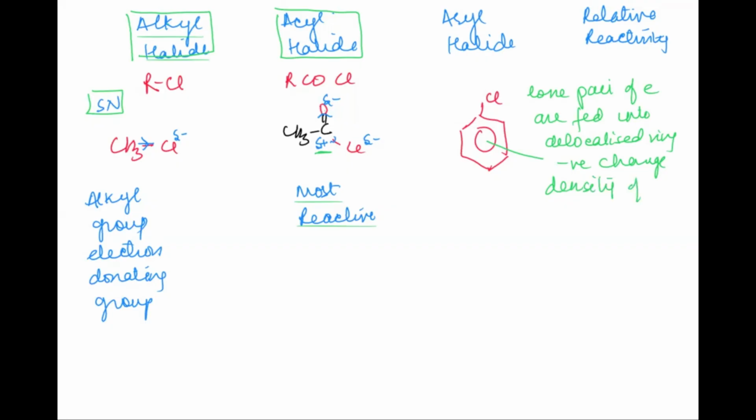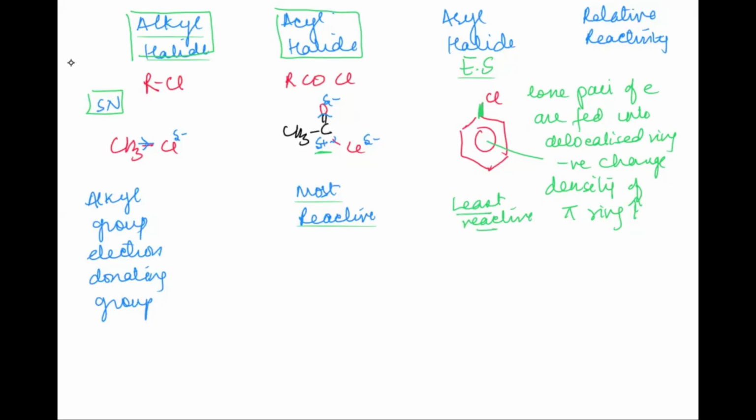And that is the reason this bond between the benzene ring and the chlorine becomes very, very strong. So it becomes very difficult to substitute the chlorine with any other group. So these are said to be the least reactive, because its electrons are extended into this delocalized ring, so the bond becomes very, very strong. So it becomes very difficult to substitute chlorine with any other group.